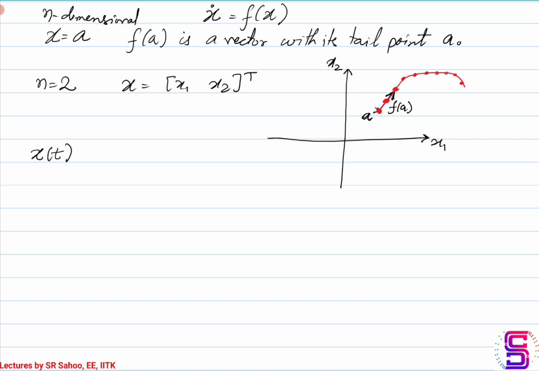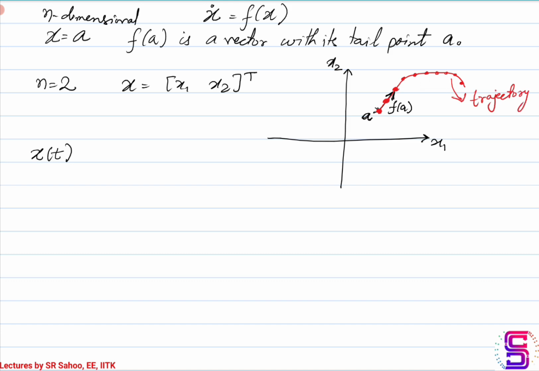So if you observe from here, the vector f of x at a given point x on the solution trajectory is always going to be tangential to the solution trajectory, and this is the locus that we have. This locus that you get on the state space is known as the trajectory.